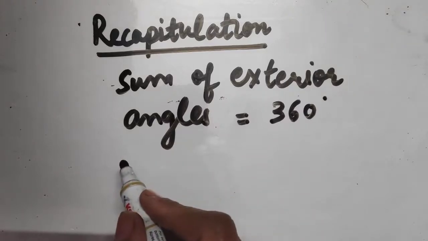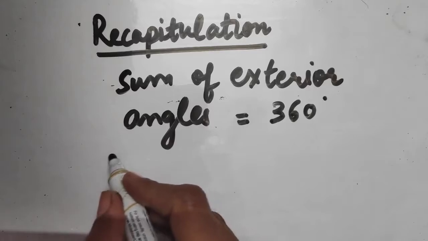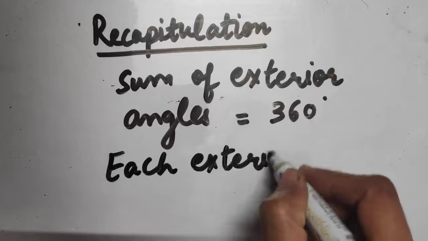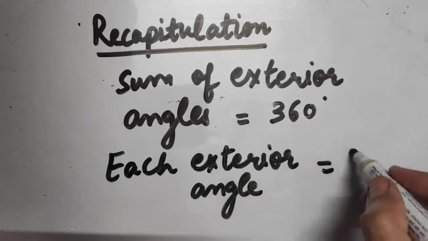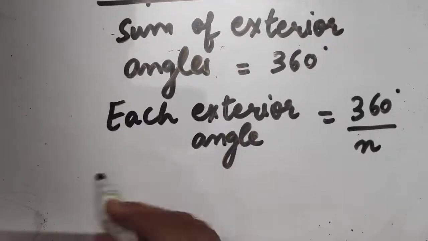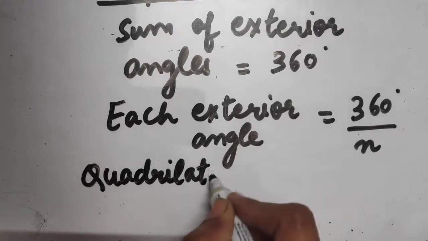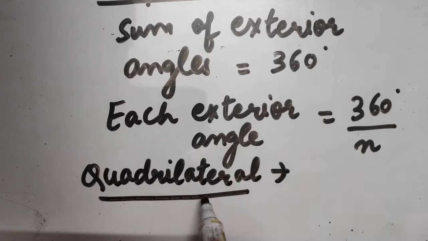So if I need to find measurement of one exterior angle, each exterior angle measures 360 degrees divided by n, where n are the number of sides. After that, we have studied about quadrilateral. What is a quadrilateral? Quadrilateral definition we have studied. A four-sided polygon is known as a quadrilateral.